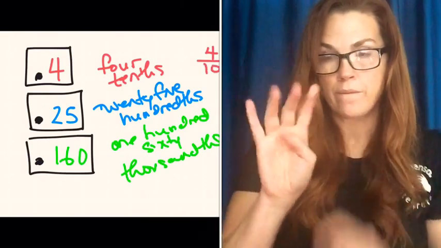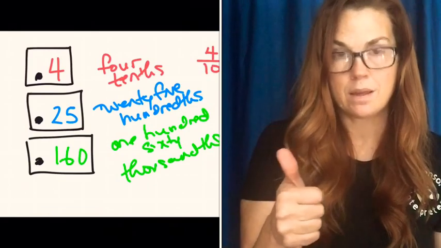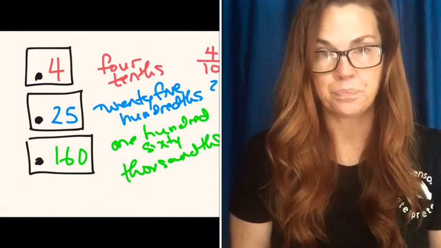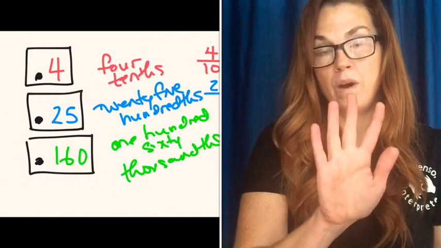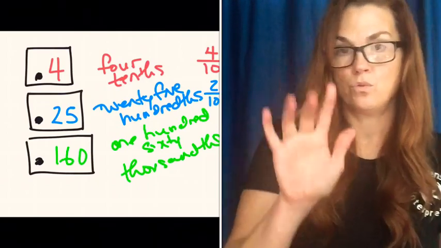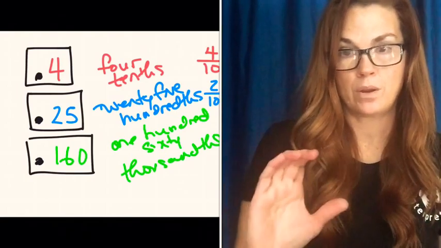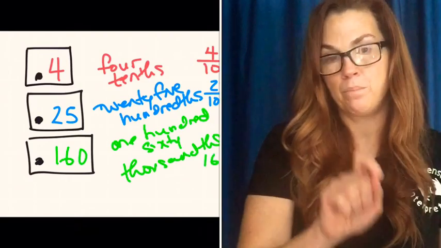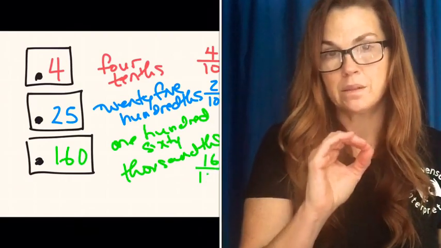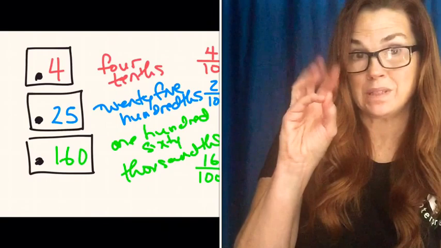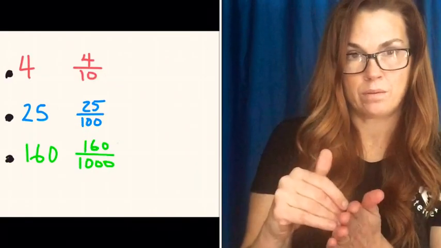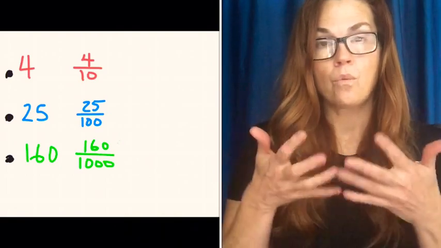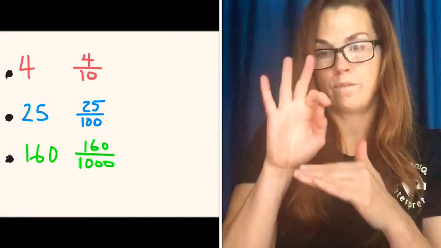The 4 is written over its place value of 10. 25 hundredths would be written as 25 over its place value of 100. And finally, 160 thousandths would be written as 160 over its place value of 1,000. So now we've written fractions of equivalent value for these three decimals.